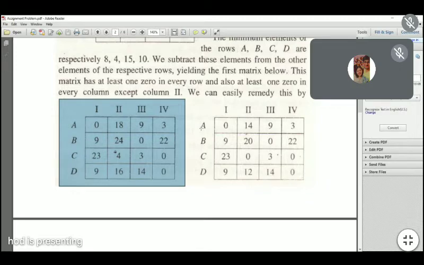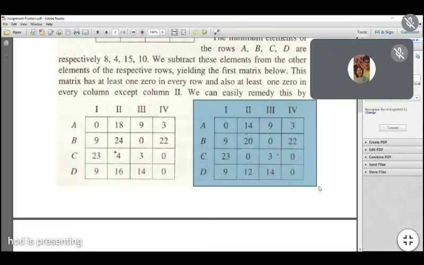Second column 18, 24, 4, 16. Minimum value is 4. तो उसको subtract करो. Third column and fourth column फिर से the minimum element is 0. तो उसमें कोई फर्क नहीं पड़ने वाला, right? So after step 2, the column operation, we are here now.